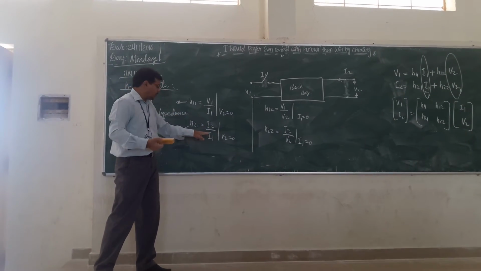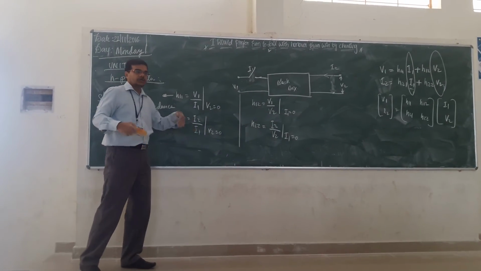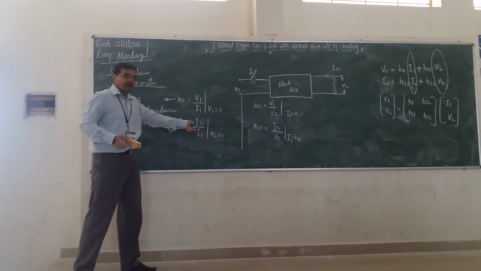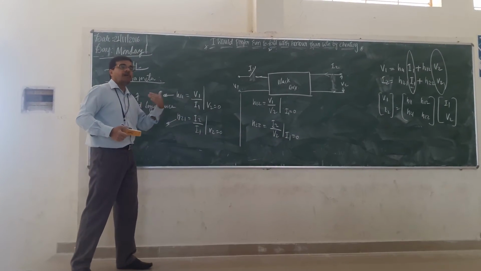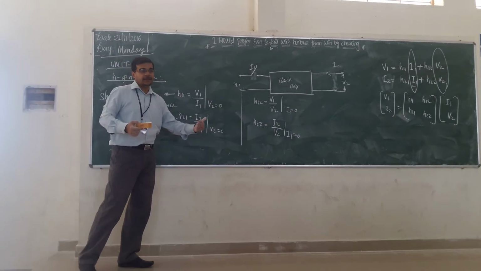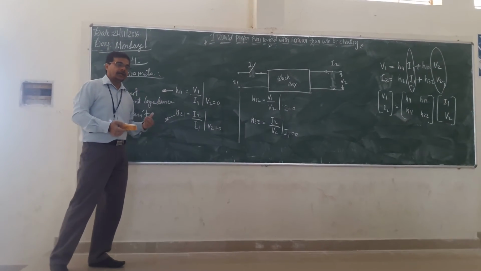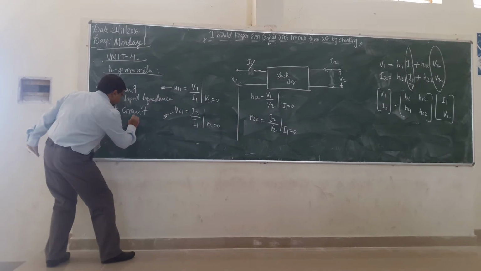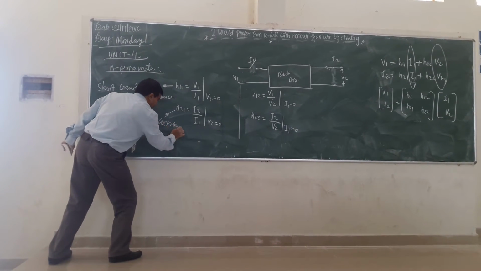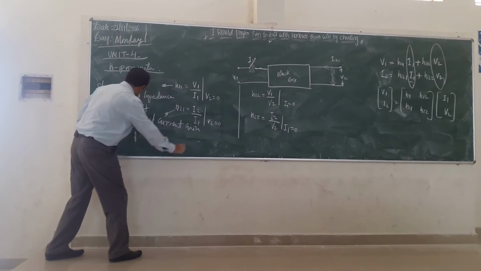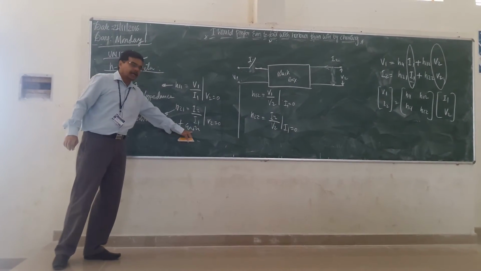I2 is output and I1 is input, so output by input, which we can say is current gain. Which type? This is the forward current gain. So we have the short circuit forward current gain.